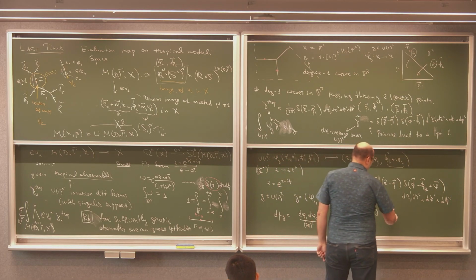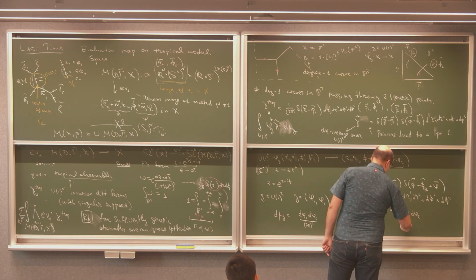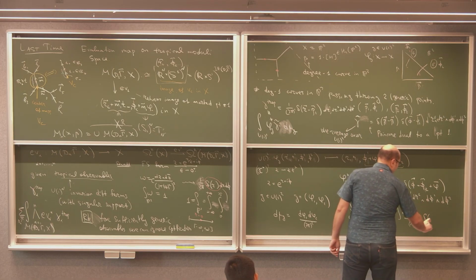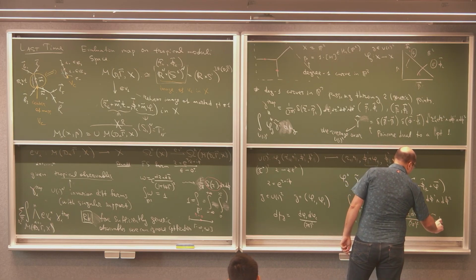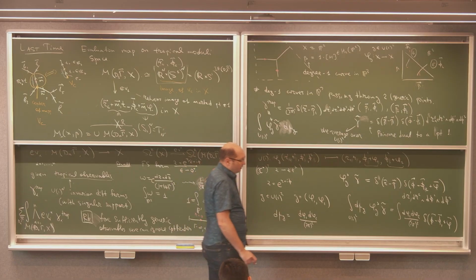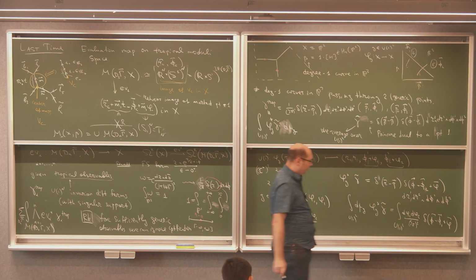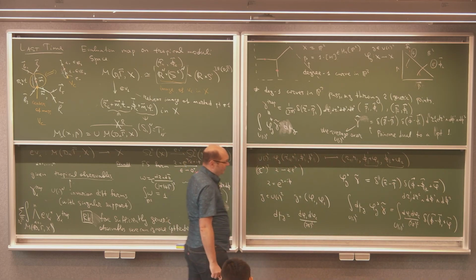And this integral essentially becomes the integral dphi1 dphi2 over 2 pi square. And here will be a delta function of phi minus phi1 plus this phi. And here we integrate over all possible values of this little phi1 and little phi2.